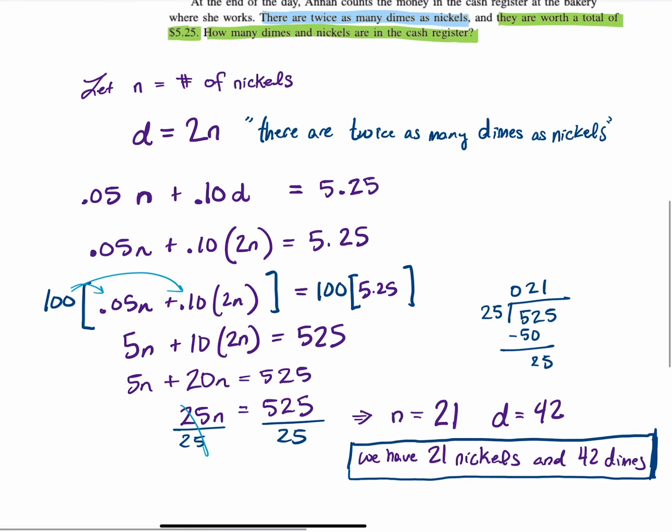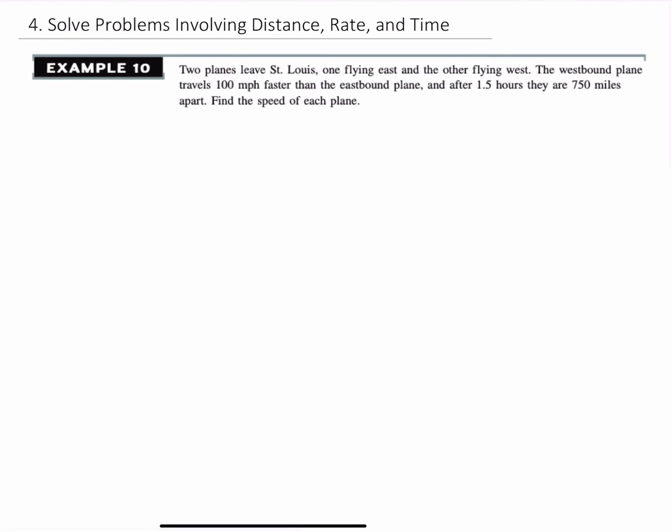Okay, in our last section, this is a problem involving distance and rates in time. So these can be a little bit tricky. It's helpful to write things out, but let's read through and see what they're giving us.